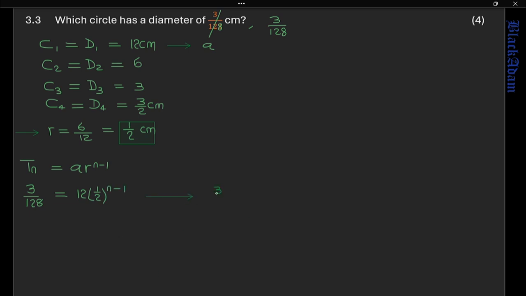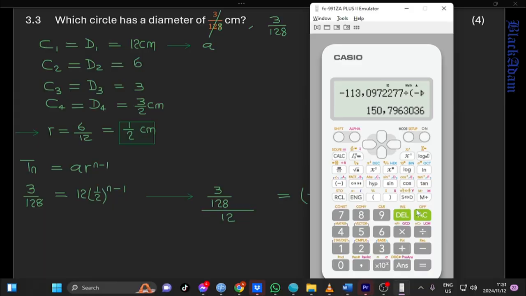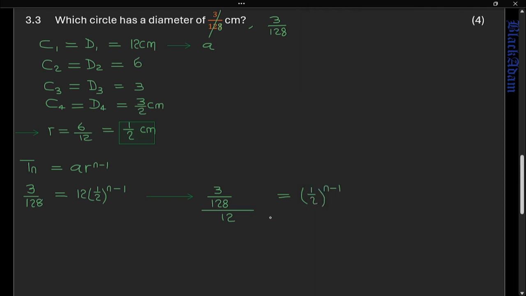So that gives us 3/128 divided by 12, and then we get half to the power n minus 1. Using a calculation, 3 divided by 128, divided by 12, is going to be 1/512.